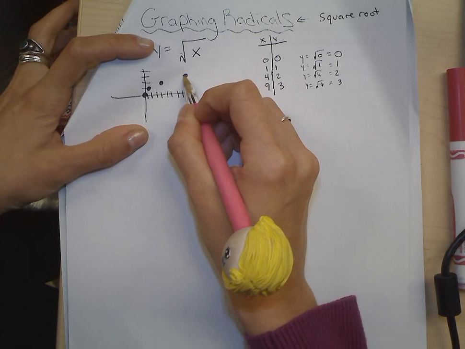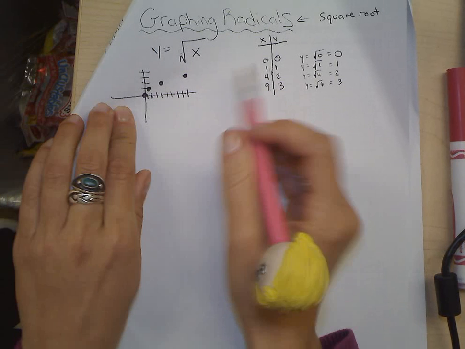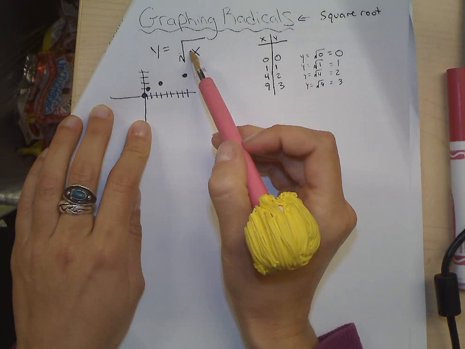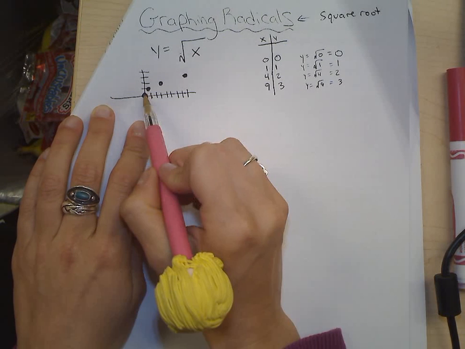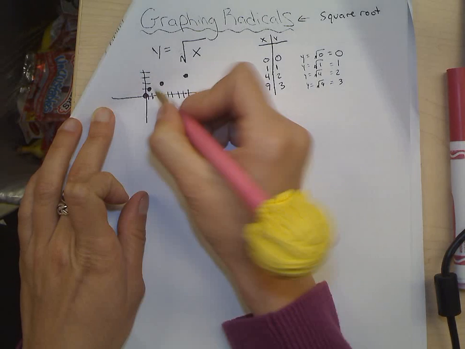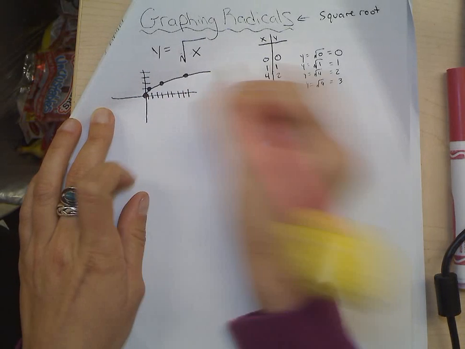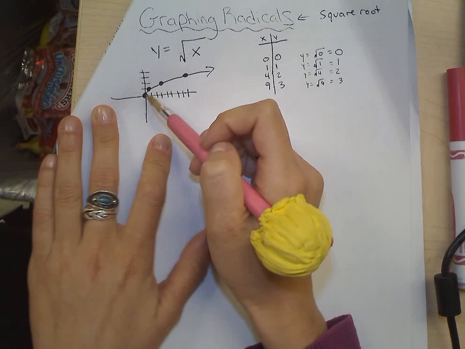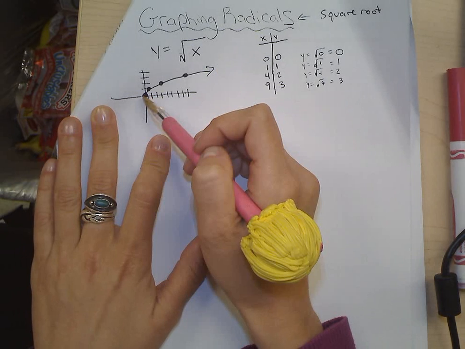And I know I can't have any negative numbers. We talked about how I can't have a negative under that square root because it'd be imaginary, so I can't have anything to the left side of my y-axis, and my graph looks like this. So when you have radical functions, it'll always just be this little swish.